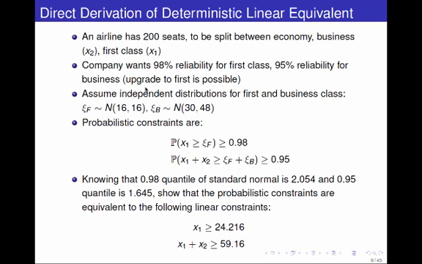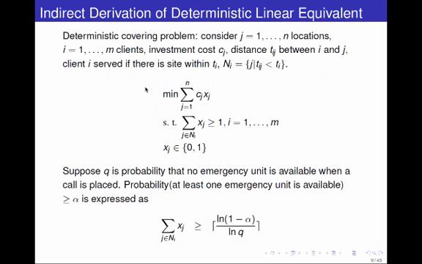If you want to make sure this is true, that translates into a lower bound for the number of seats you need. So all you get is one linear inequality for x1 and one for x1 plus x2, which is very easy to incorporate computationally into the problem.